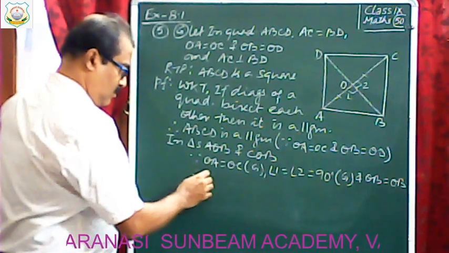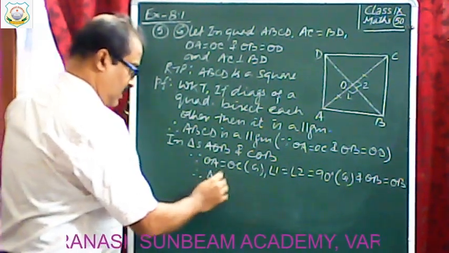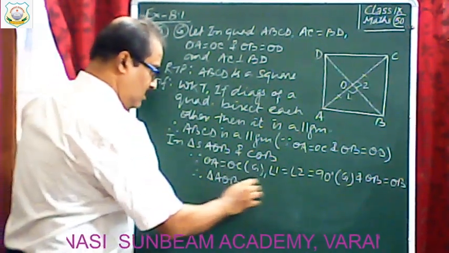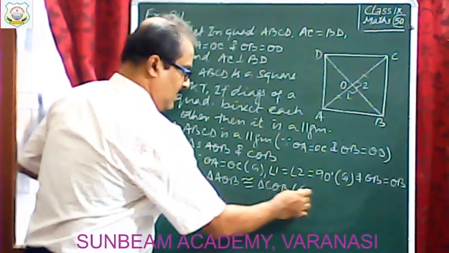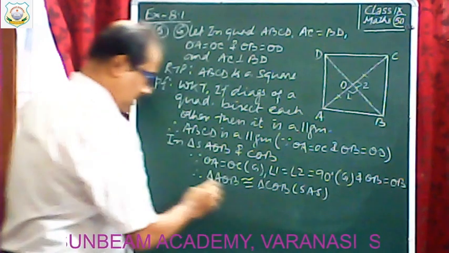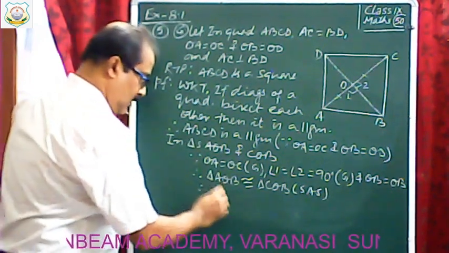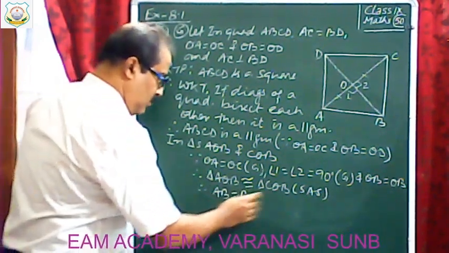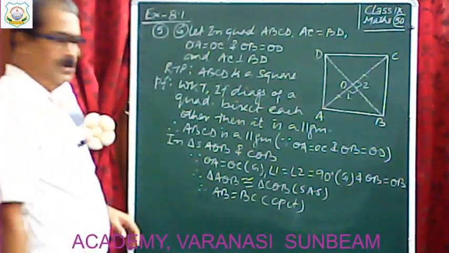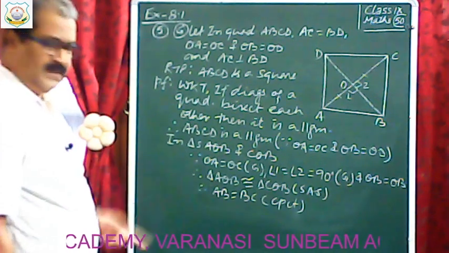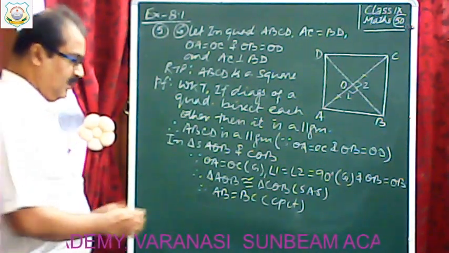So therefore, triangle AOB congruent to triangle COB by SAS criteria. So therefore, AB equal to BC by CPCT. Now you have to conclude, in parallelogram ABCD we get one pair of adjacent sides are equal.